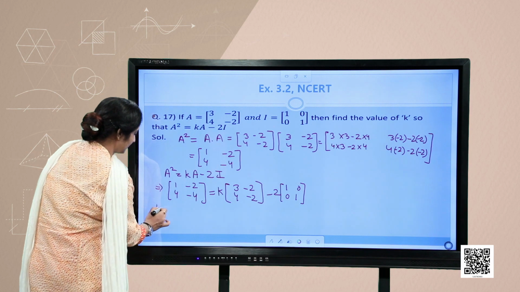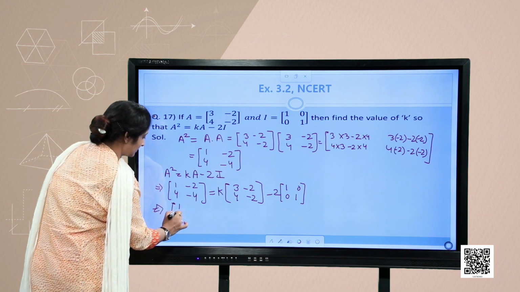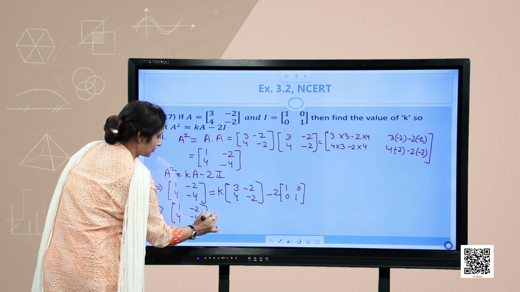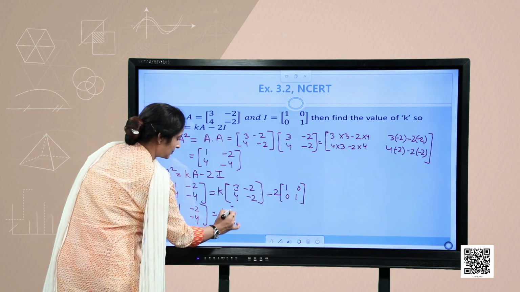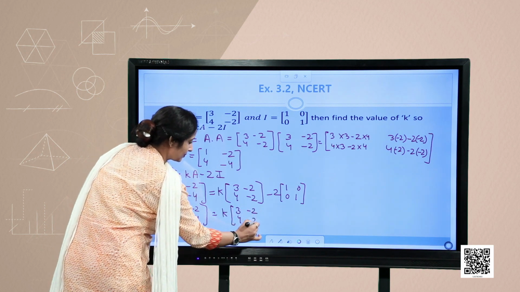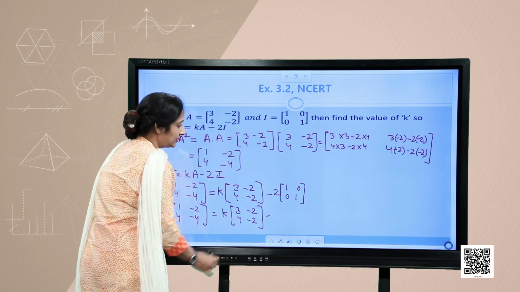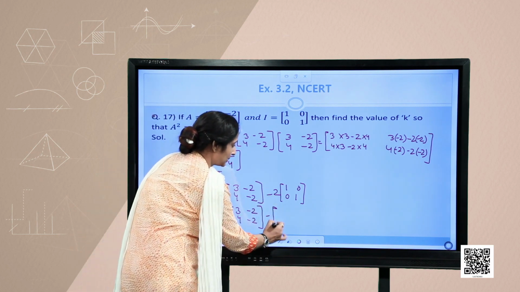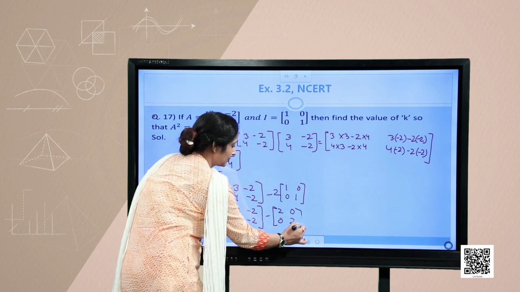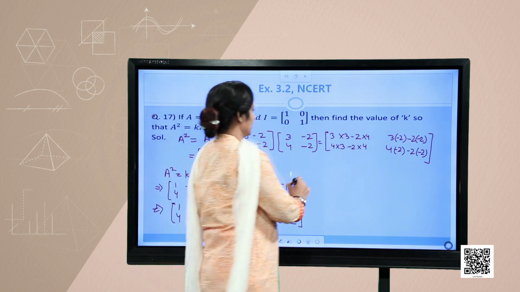Solve it. Write it as it is. Then this 2 is to be multiplied. And this can be solved further.